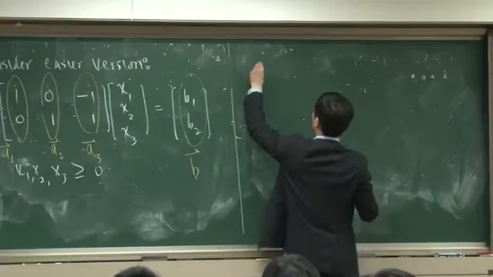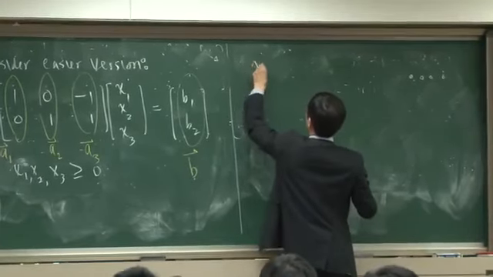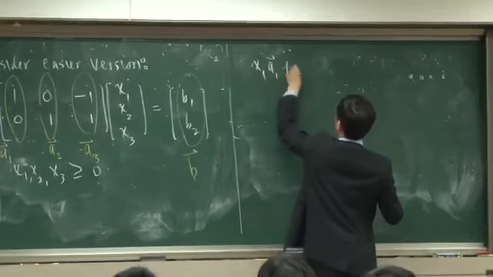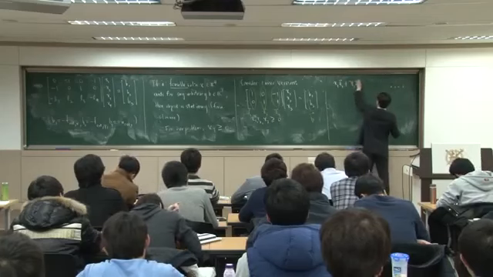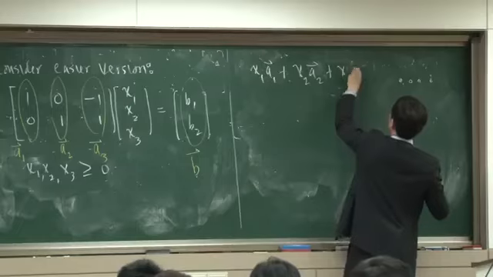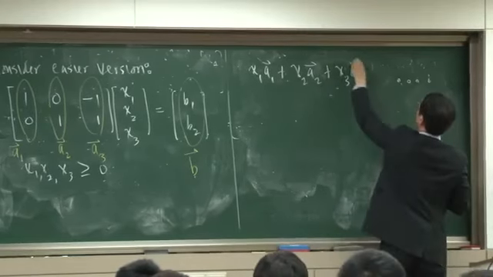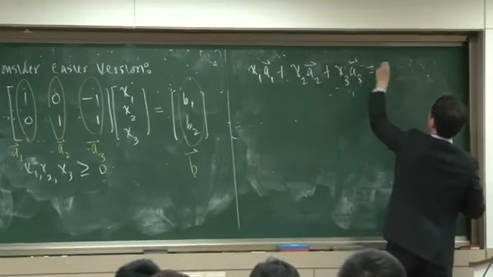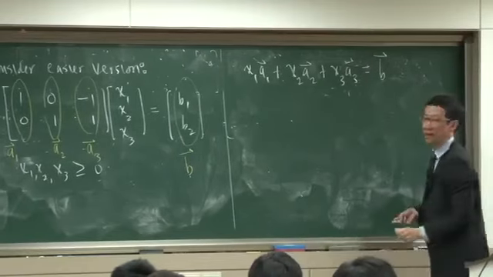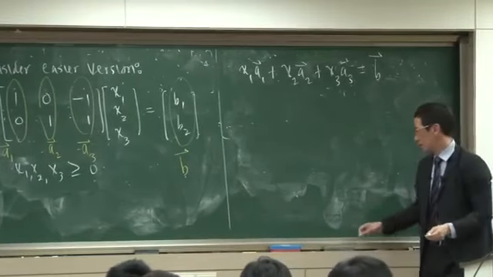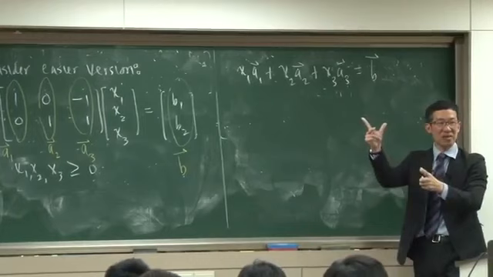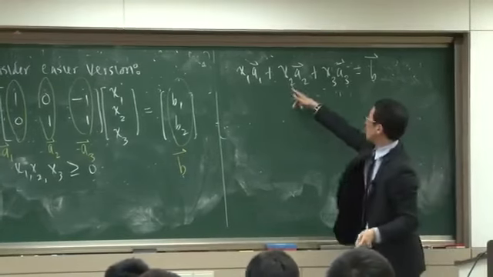In other words, x1 times A1 plus x2 times A2 plus x3 times A3 is equal to B. So we're just adding three vectors weighted by x1, x2, and x3.